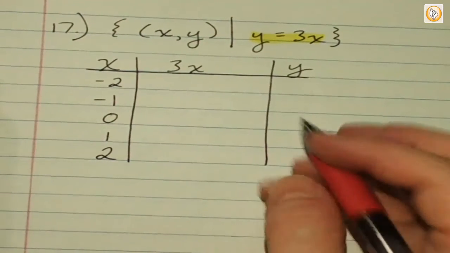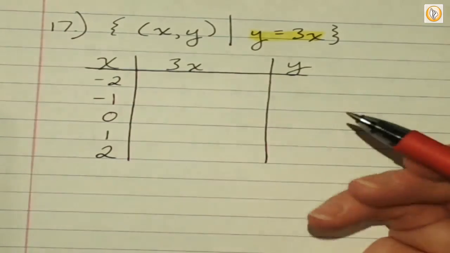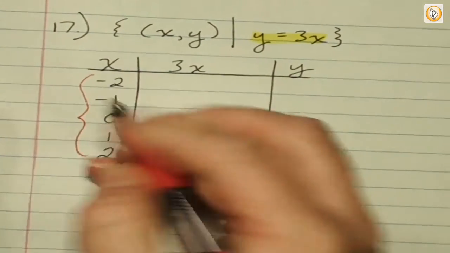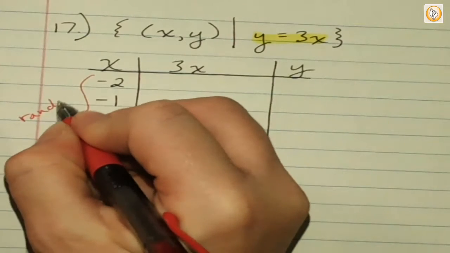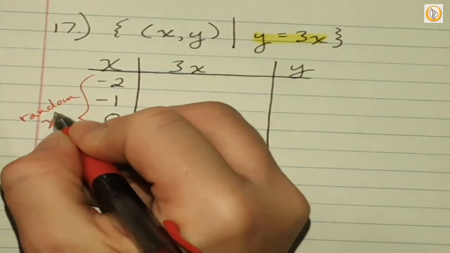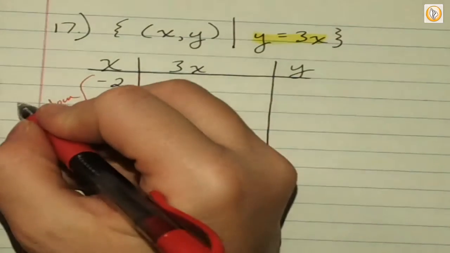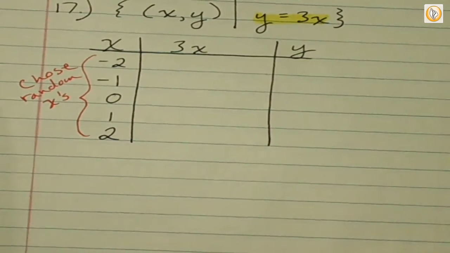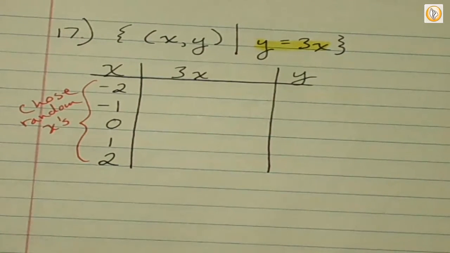Unless they don't work well with whatever your equation is, I'm choosing random x's. I'm going to put chose random x's. They did not give those to you. Do you have to use those every time? No. Those are my go-tos.